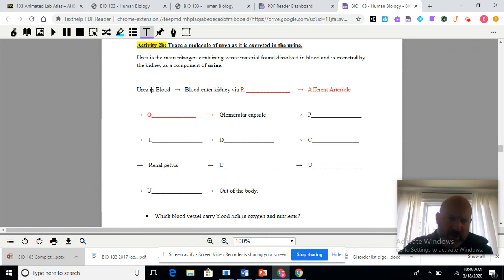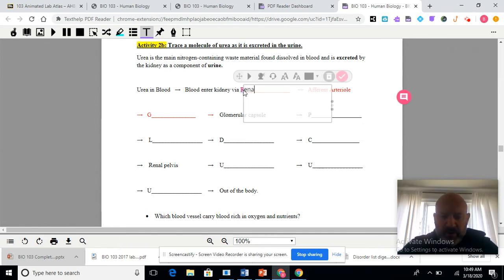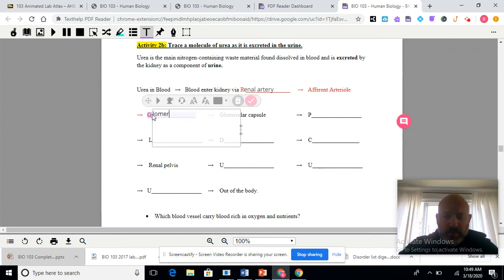Pretending that we're a molecule of urea, we're in the blood and going to enter the kidney through the renal artery. And then from there, we're going to end up in the afferent arteriole, and that is going to bring us to the glomerulus, which is that circular arrangement of capillaries.